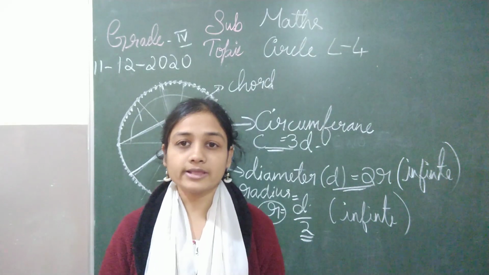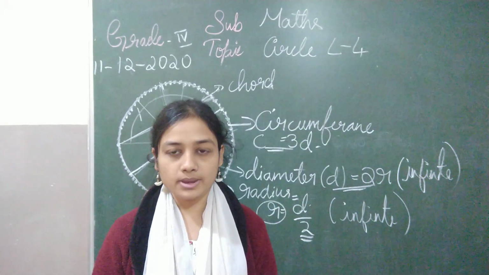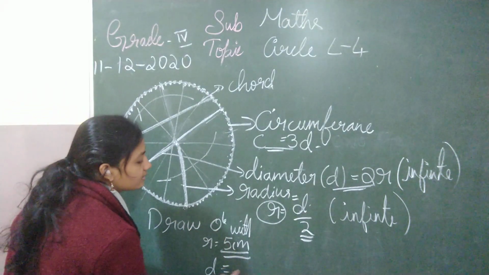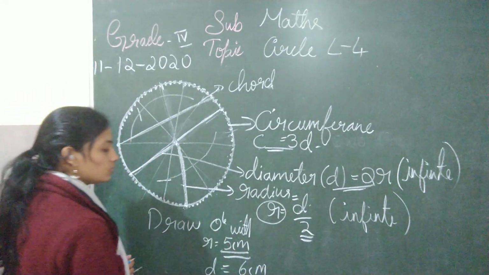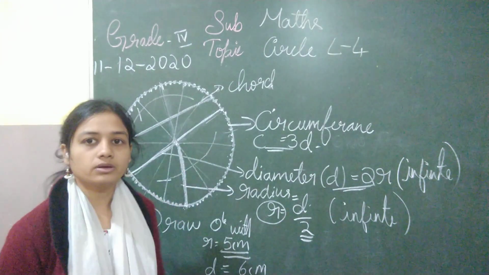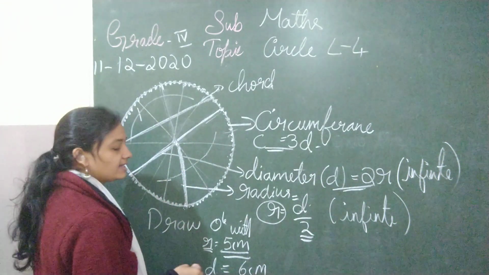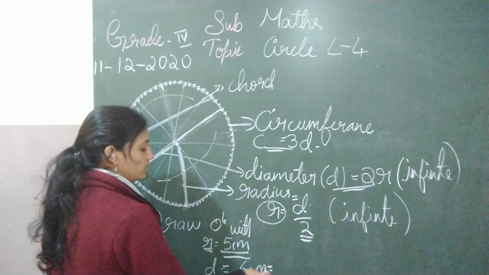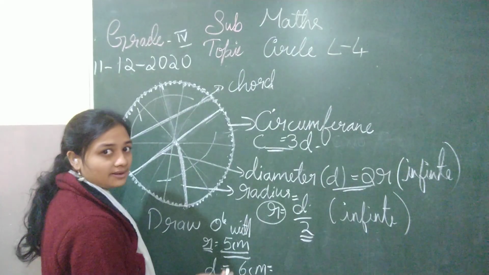For drawing a circle, sometimes you get the diameter. If I say draw the circle with diameter 6 centimeter, how will you draw it? Will you take the 6 centimeter in this? No, wrong. You should always find the radius and then measure with the compass. For that, you know half of the diameter is the radius.